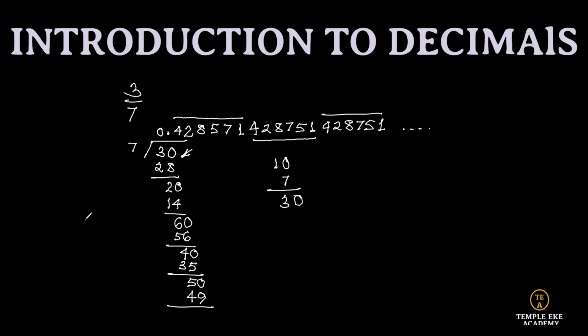So let us see how to convert. For example, I take the decimal 0.125, and now we want to convert this into the equivalent fraction. The technique is simple. Write only the significant digits without respecting the decimal point. So simply 1, 2, 5.